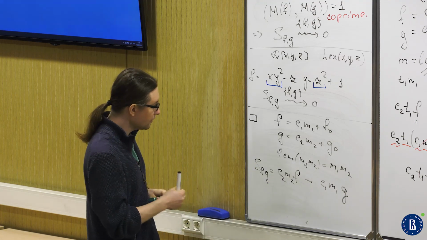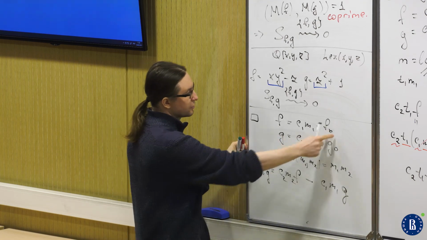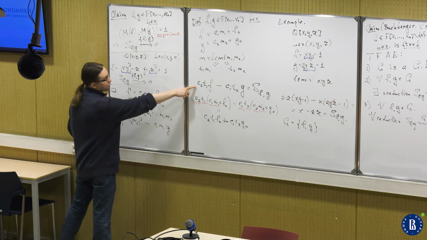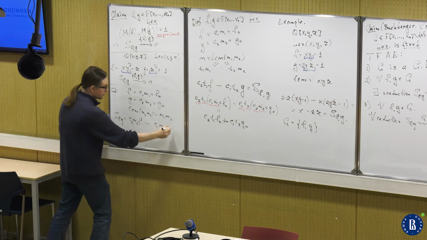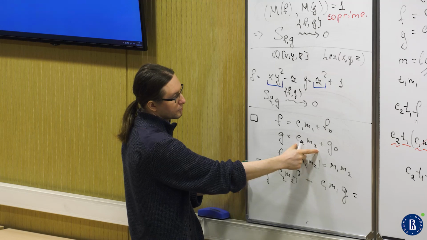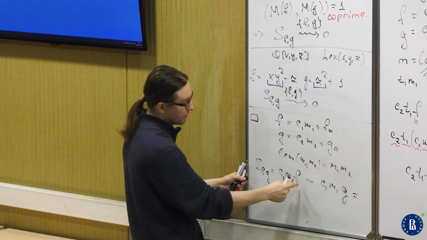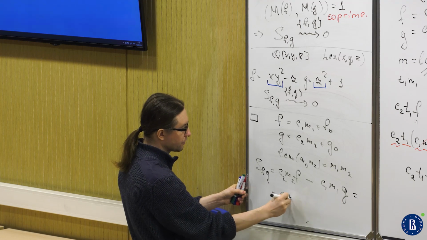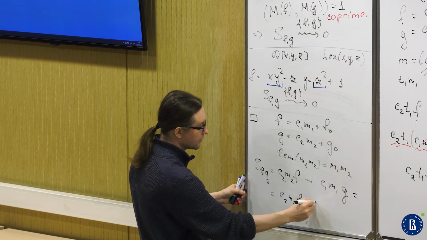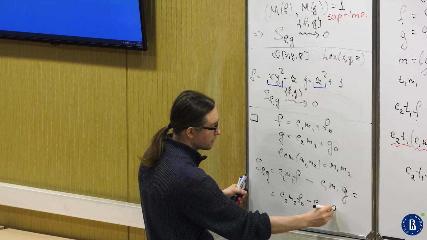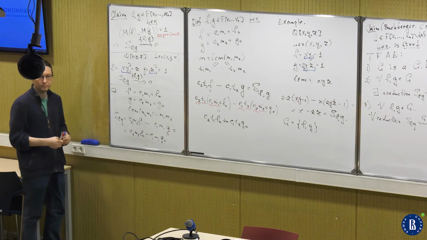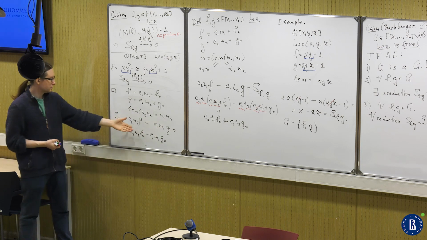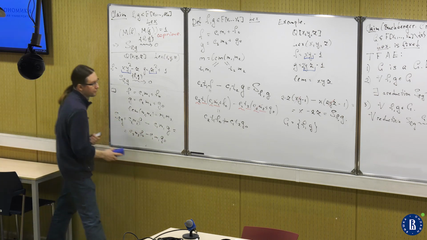Now, if we substitute these two expressions here and repeat this computation, the leading monomials will cancel, and we will get the tails. What we get will be c2 m2 f0 minus c1 m1 g0. If you just substitute these two polynomials here, this is the result you will get.